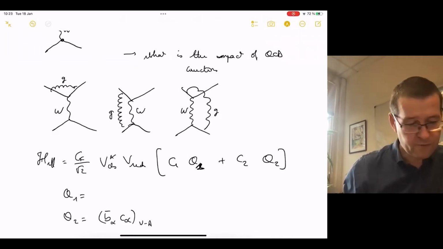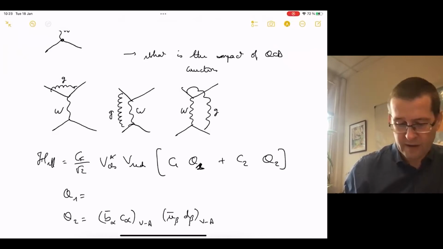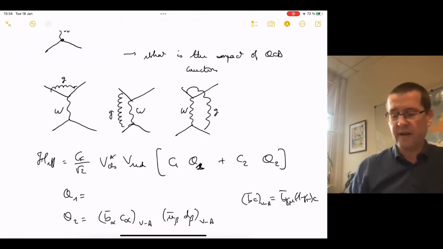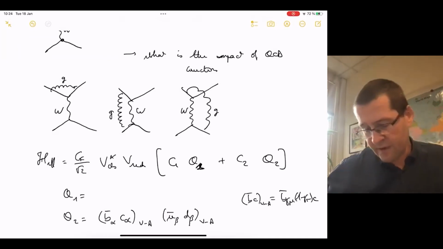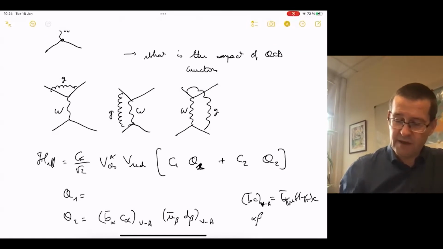And so I'm just writing it this way. So where I've got typically V minus A. That's going to be to keep track of the fact that I've got left-handed here. And then alpha and beta are color indices.